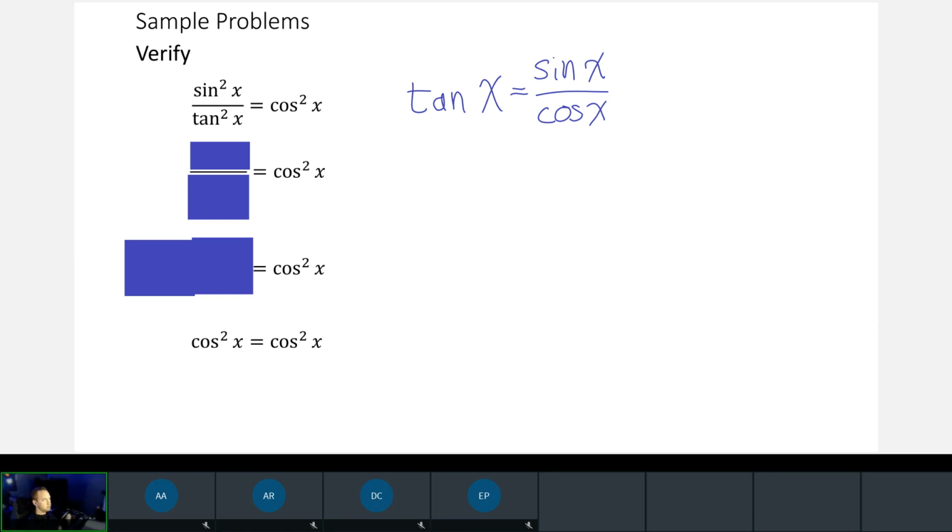Yeah, so in an equation, if I square both sides of an equation, and I'm squaring a fraction, don't I square top and bottom separately?